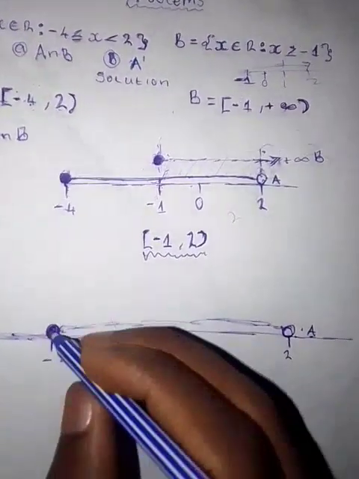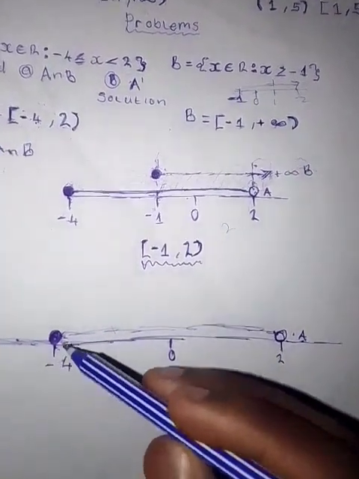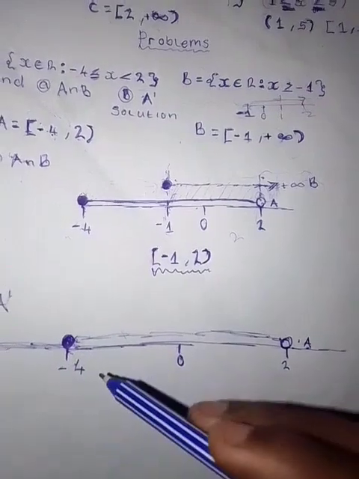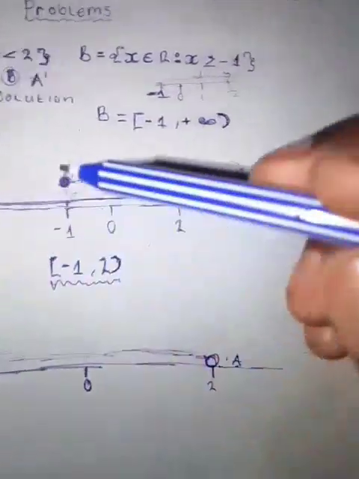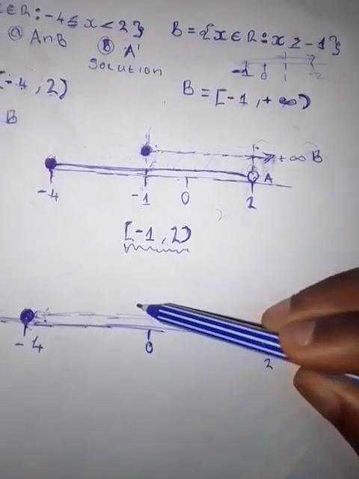Now, a complement represents the members, or the elements, that are not part of the set, right? And which area is representing the members that are part of the set? This bit here in the middle, right?